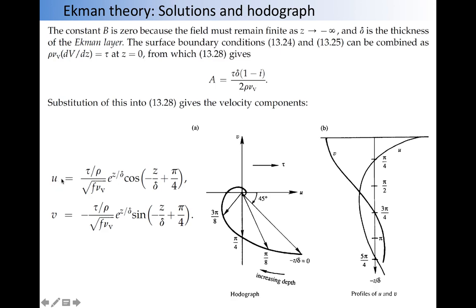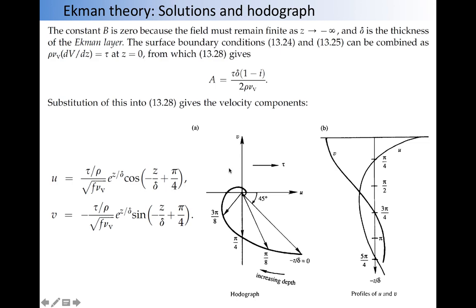So this is u over z, right? There is no time, only z directional distribution. And there is a cosine and sine term assigned to u and v. Cosine will be z over delta or quarter pi, and similarly v is sine.